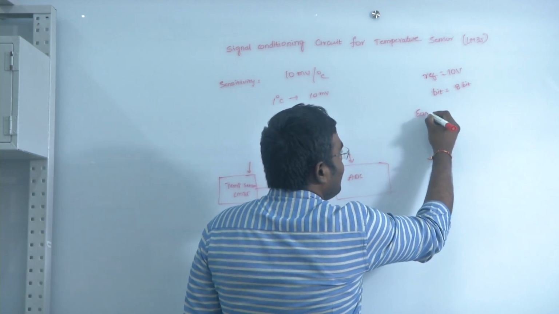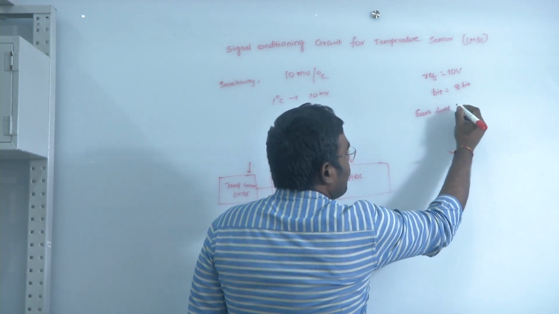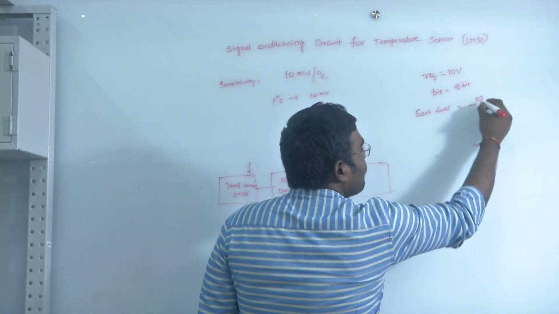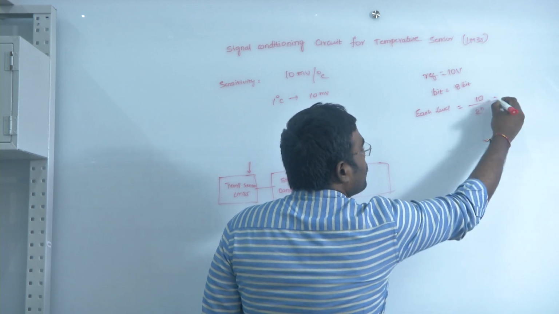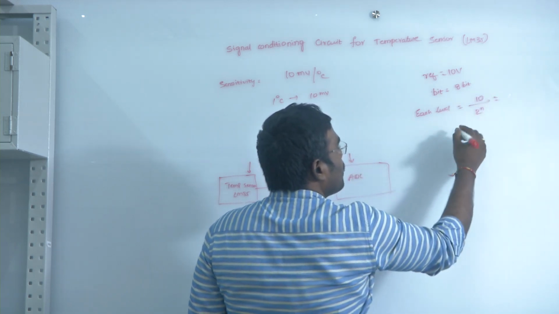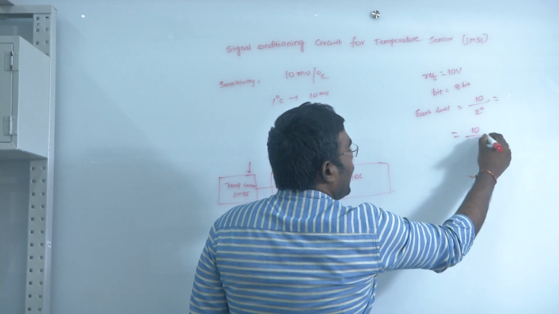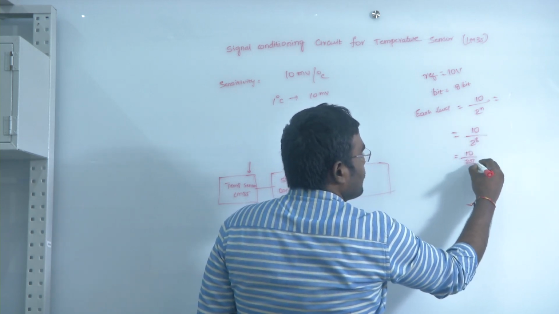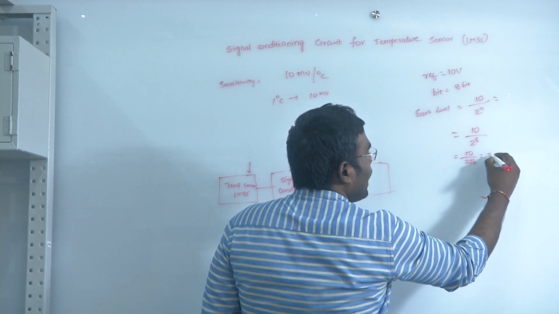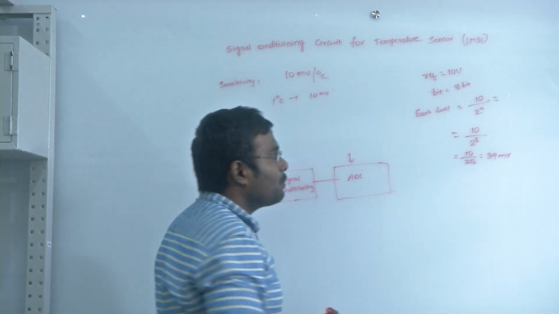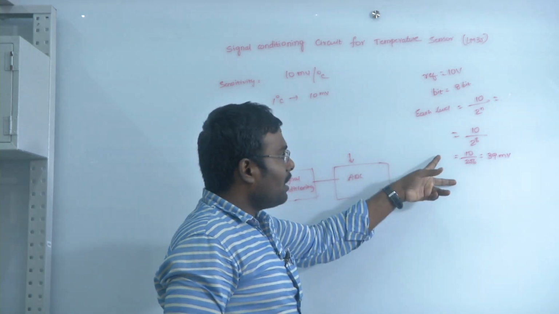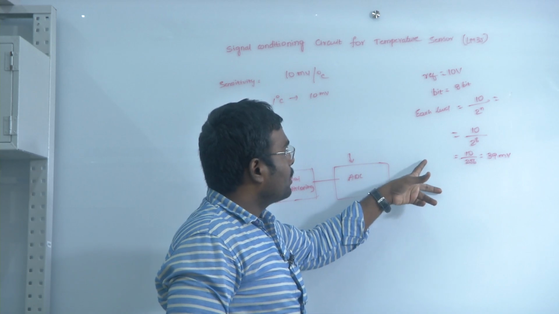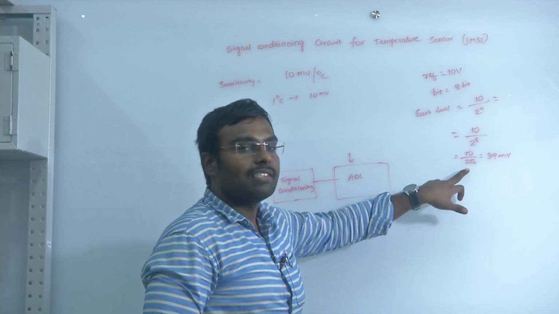Each level height can be represented as the reference voltage divided by 2 power n. Since n is 8, 2 power 8 is 256, so 10 divided by 256 is about 39 millivolt. This means each level height is 39 millivolt, and in total it will have 256 levels.